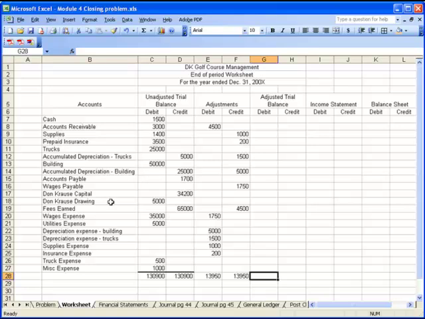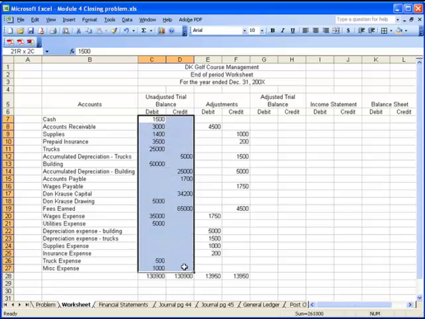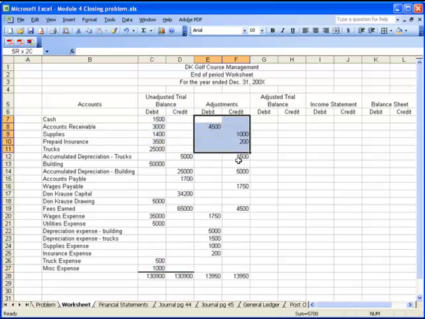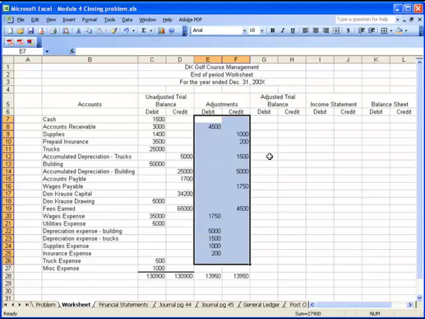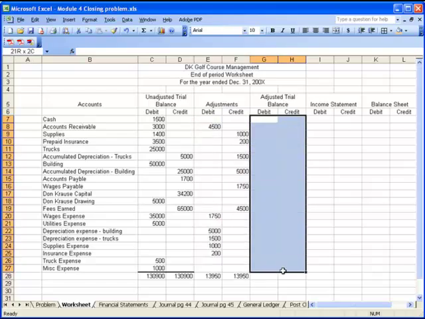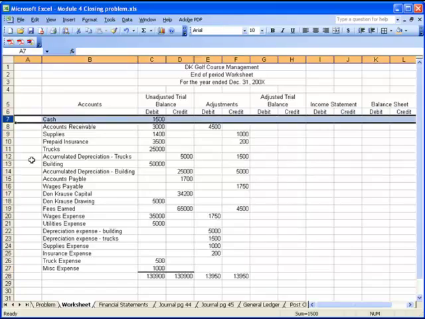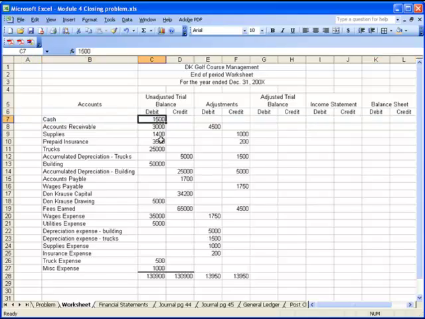Our next step in completing the worksheet is then to transfer the information from the unadjusted trial balance, then through the adjustment columns, and then create our adjusted trial balance. And the way we do that is we take it one row at a time, and we see that we started in our cash unadjusted trial balance with a debit balance of $1,500.